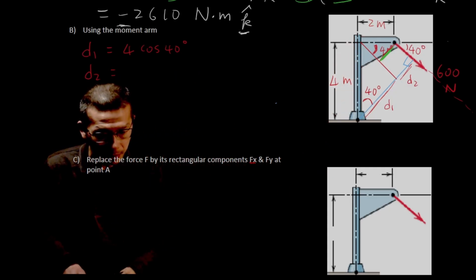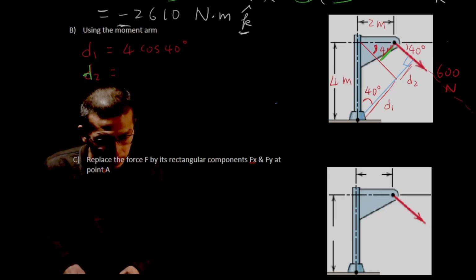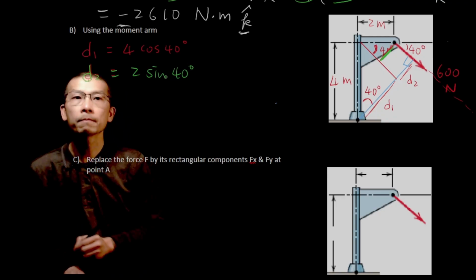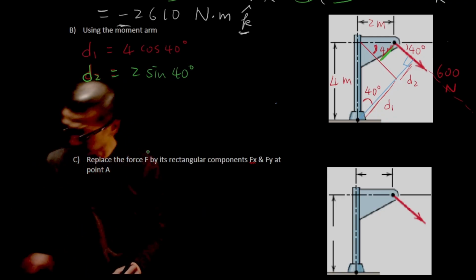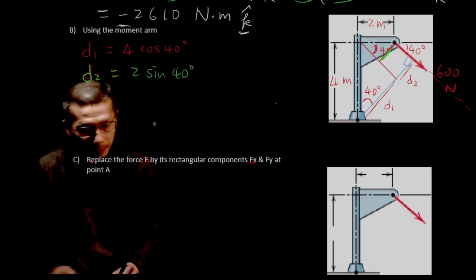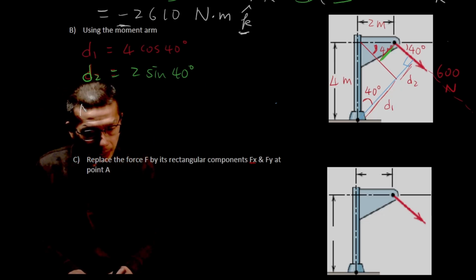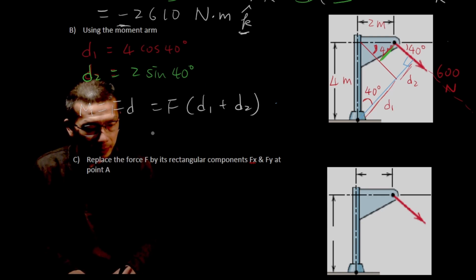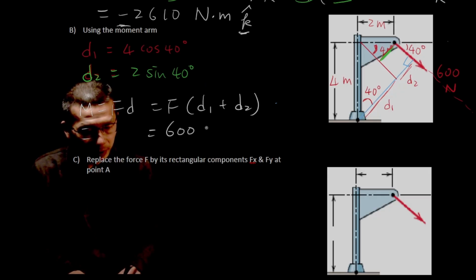So I'll use this green. D2 equal to 2 sine 40. Ta-da! Then we get it. M equal to FD equal to F times D1 plus D2, and that would be 600 Newton times.